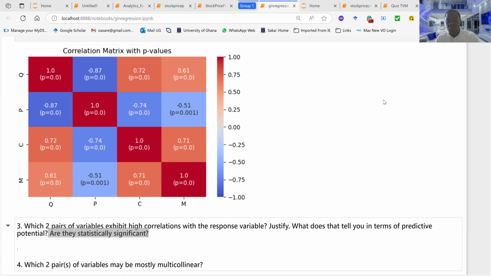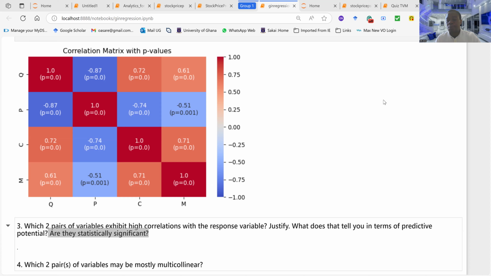Let's go to Joshua Alec William. Yes, the p value for the Q is recorded as 0.